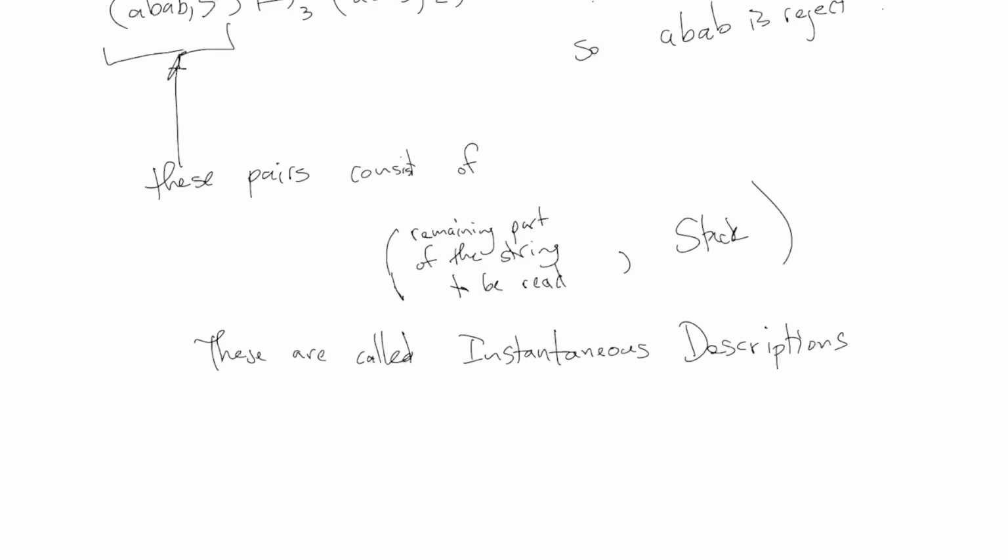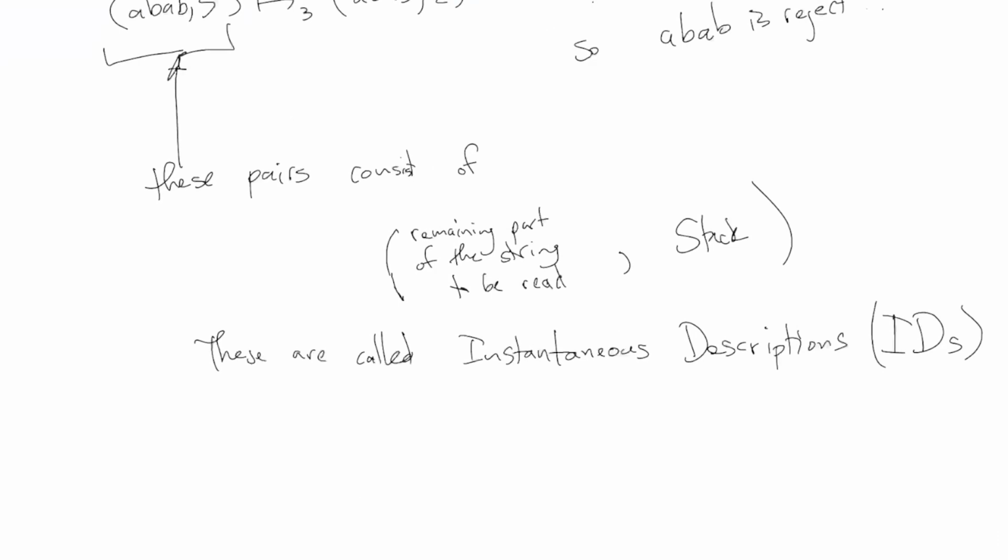So when you begin, it looks like something. Then each step you do, it looks like another thing. And so each of those pairs describes one instant of the stack computation. And these are referred to in the book as IDs, instantaneous descriptions.